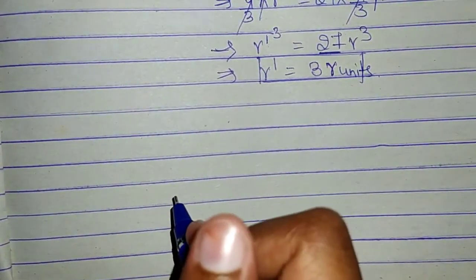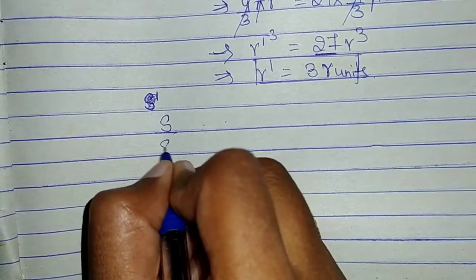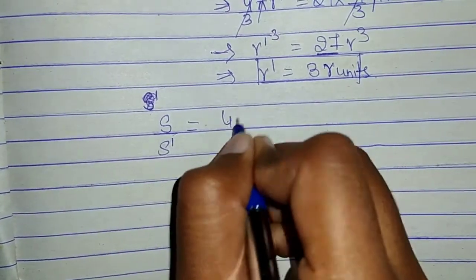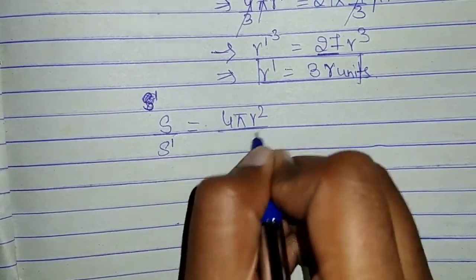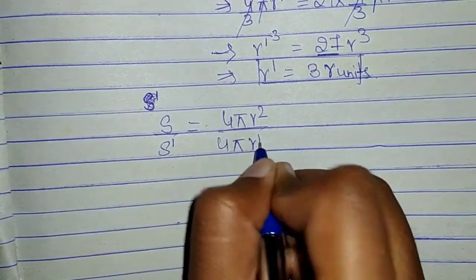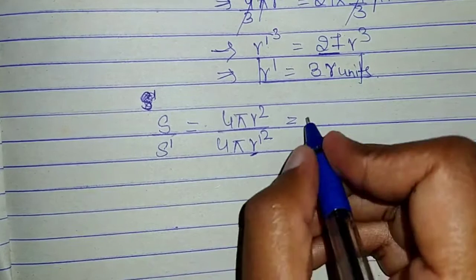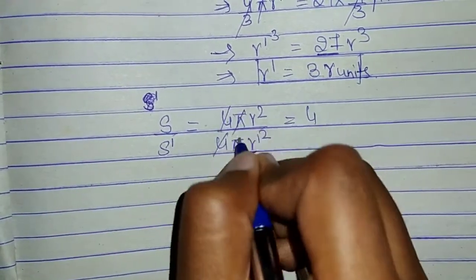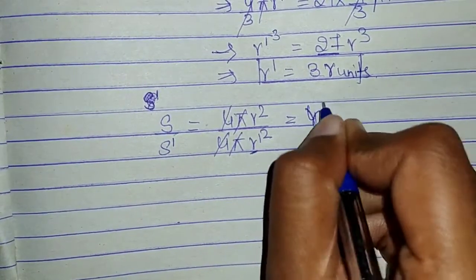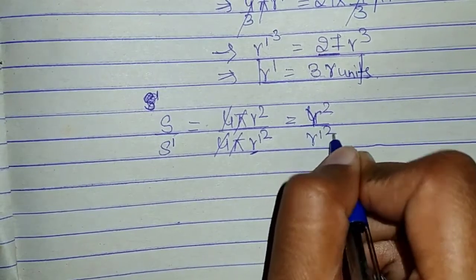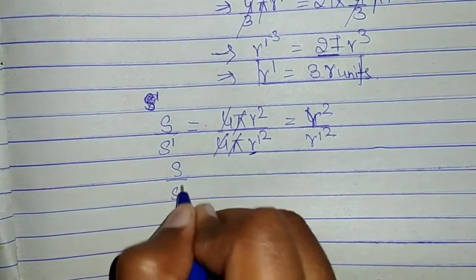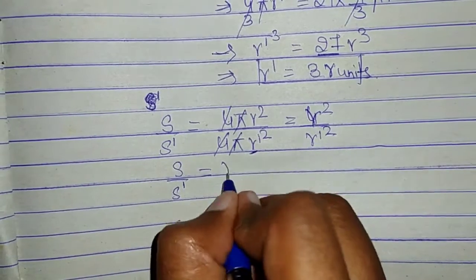Now to find the ratios, s by s dash is equal to, s is 4 pi r square and s dash is 4 pi r dash square. We know the value that r dash is 3r. So 4 cancels, pi cancels, we are left with r square by r dash square. So s by s dash is equal to r square as it is.